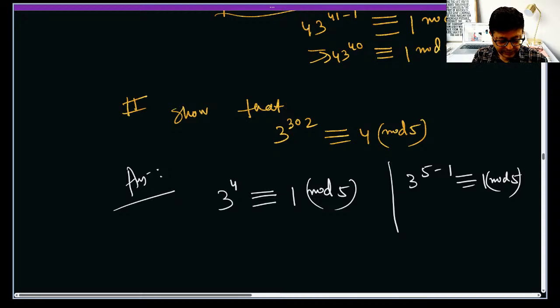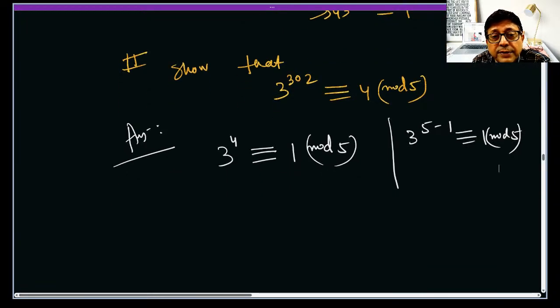Do it. Done. You got? Have you done it? 3 to the power 4 is congruent with 1 mod 5.